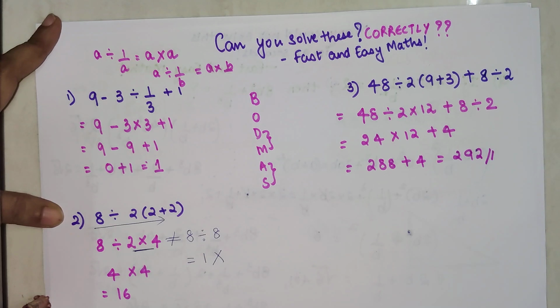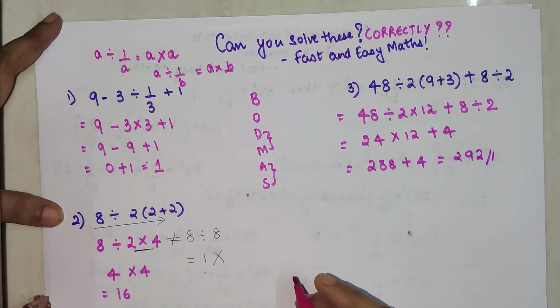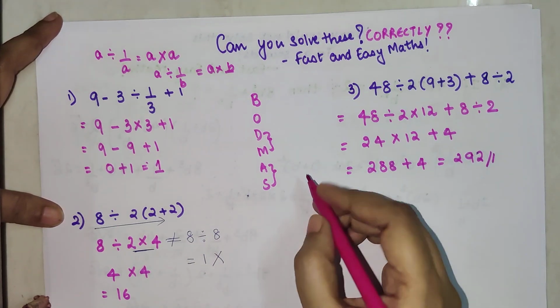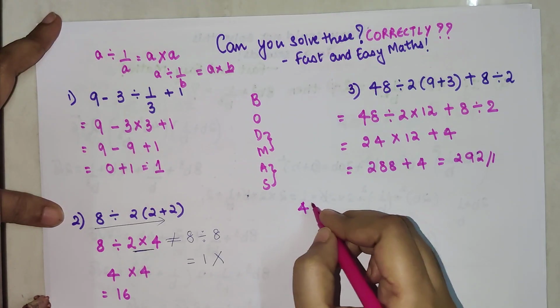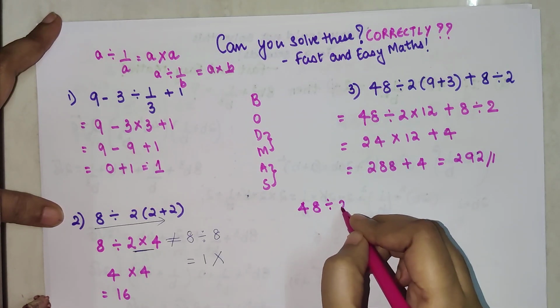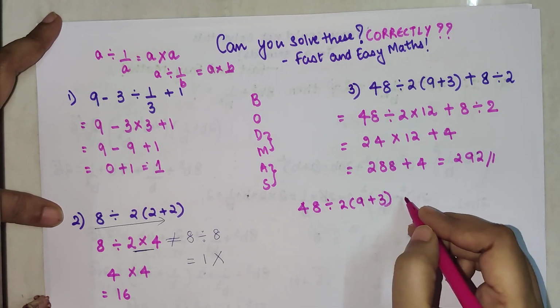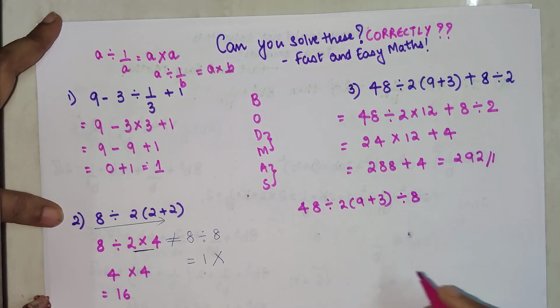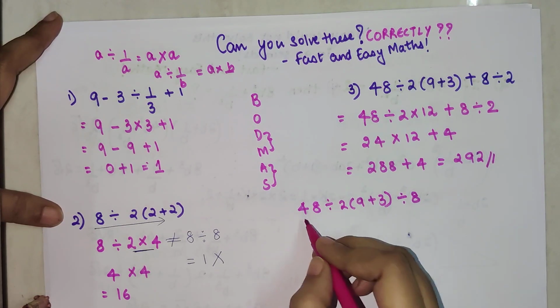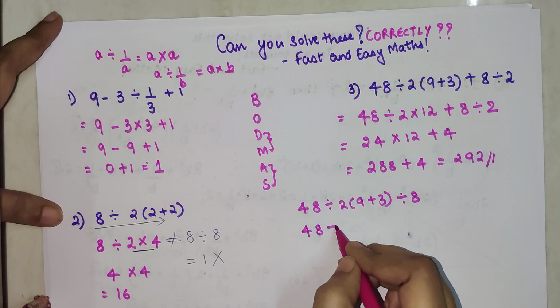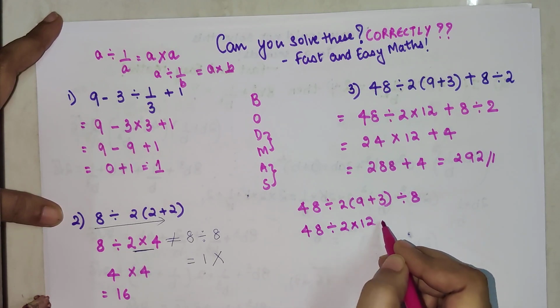Okay, now students, I'm going to change this question a little bit, and let's understand what happens when you have multiple division signs and nothing else. If it was something like this, you would have still taken this as 48 divided by 2 into 12 divided by 8.